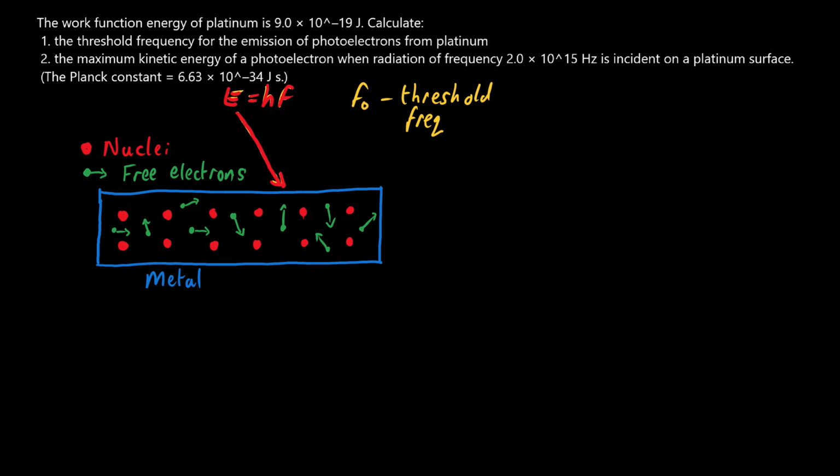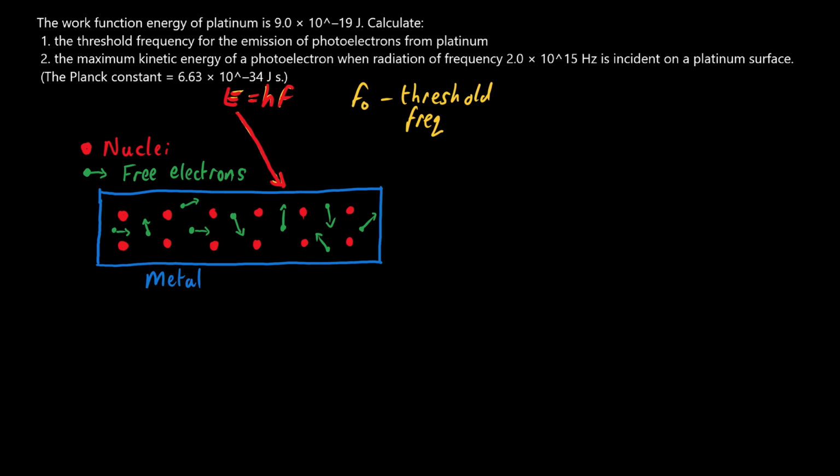And it doesn't matter what the intensity of this light is, so how bright it is, or for how long you shine it onto this metal. If the frequency of this light isn't at the threshold frequency or above, then these free electrons will never be emitted from the metal's surface.